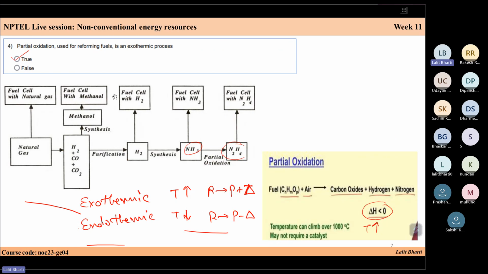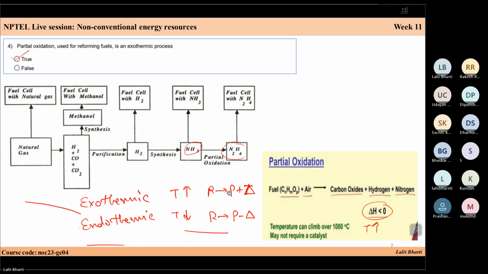Then we have this question. It says partial oxidation used for reforming fuels is an exothermic process. So we need to understand what exothermic and endothermic reactions are. Basically, when we have some reactants and we get some products after the reaction, if you get some heat along with the products, then it is an exothermic process.